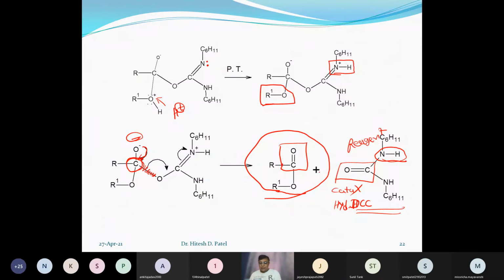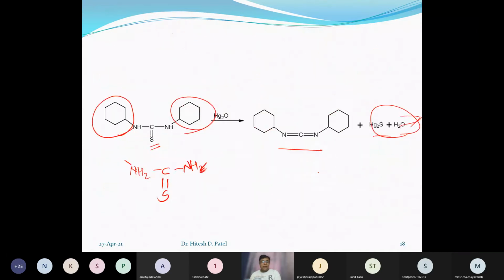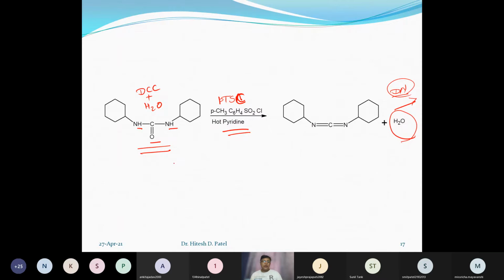Now this hydrated DCC, as I said, we can again use for the synthesis of DCC. So we can recycle it, but after doing a one-step reaction, with the support of some reagents we can convert it again into DCC.